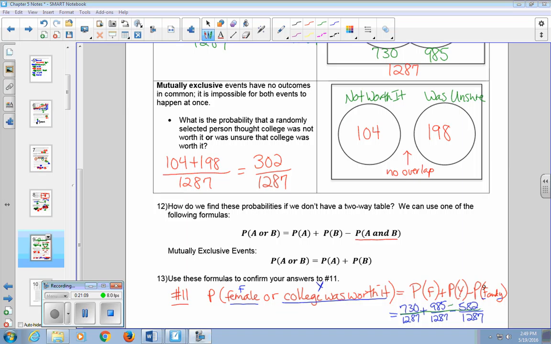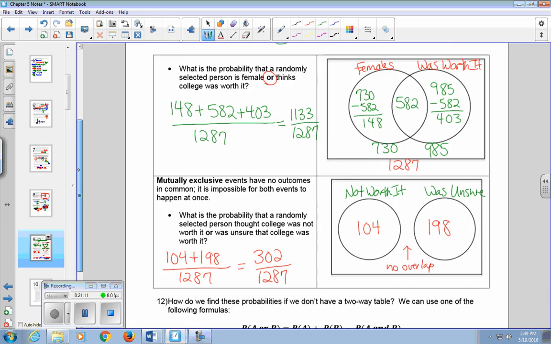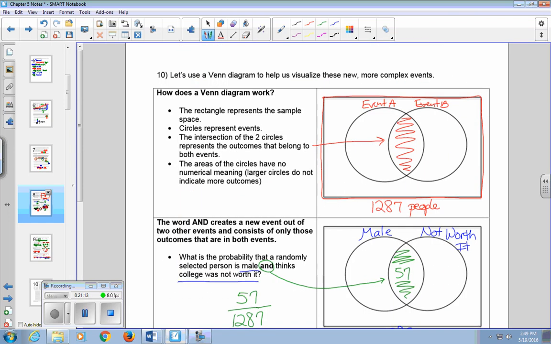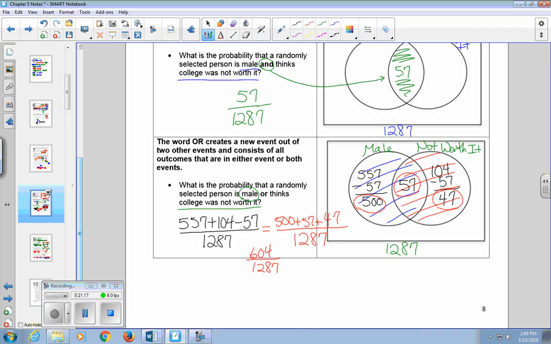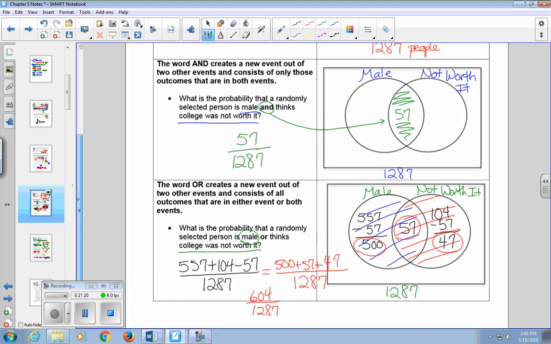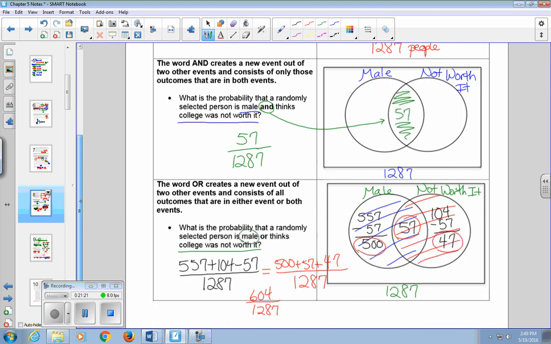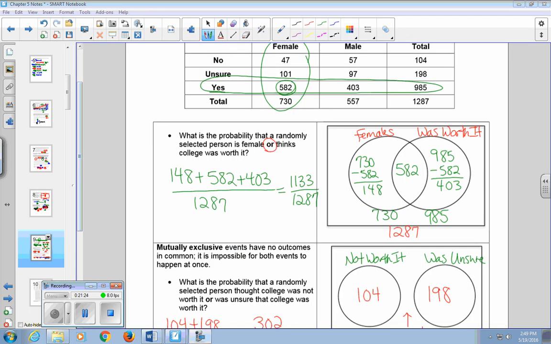And if we check, that was the same thing we did in number 11. Okay, so that's what we did right here.